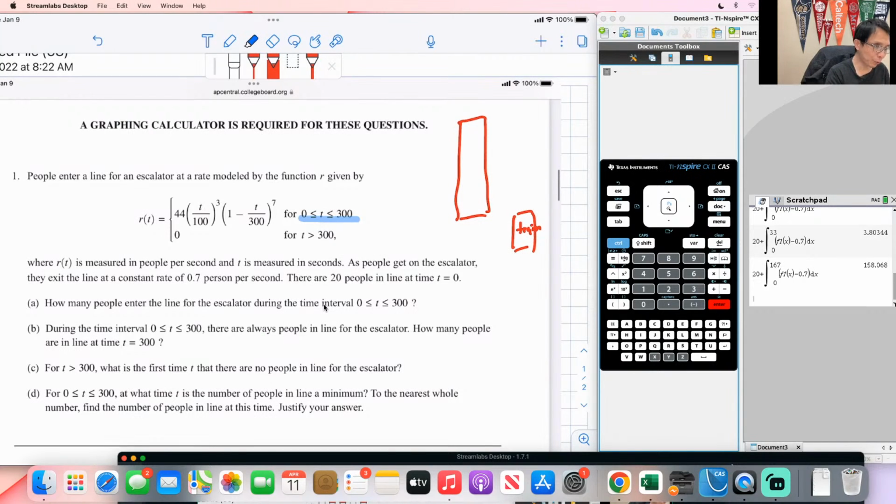I would even use x min as low as negative 20 and x max equal to 320, so I have some slack room to see what happened a little before and a little after. It doesn't matter; you can do 310 or even 30 to 300. But my habit is to see the whole spectrum of the graph, especially the left side of the axis. Although negative time doesn't make sense, I just want to see where the graph comes from.